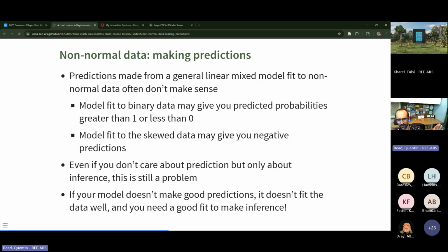Now, we might say, well, we don't care about prediction. We only care about inference, like, is there a difference between the means? But it's still a problem if your model doesn't make good predictions, because then it's not a good fit to the data. And why would you use a model to make inference about the real world where the data come from if the model doesn't fit the data, right?